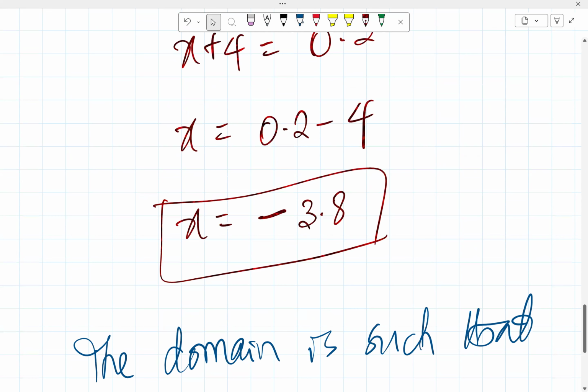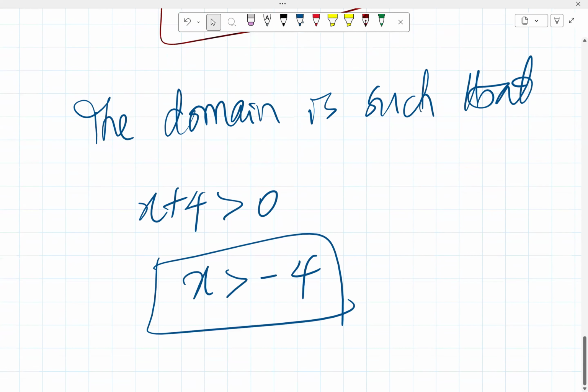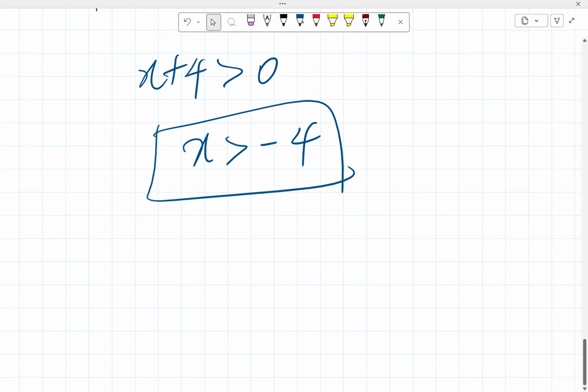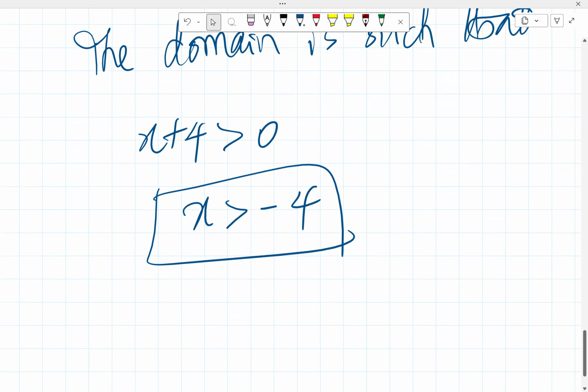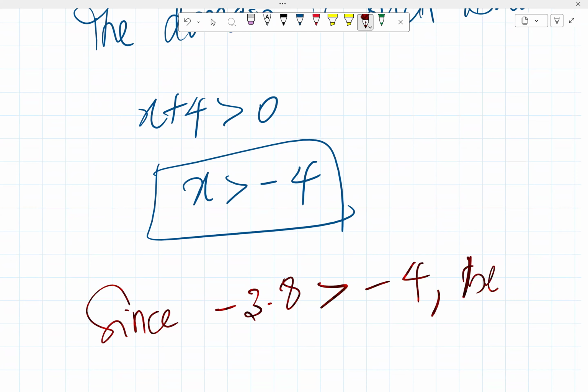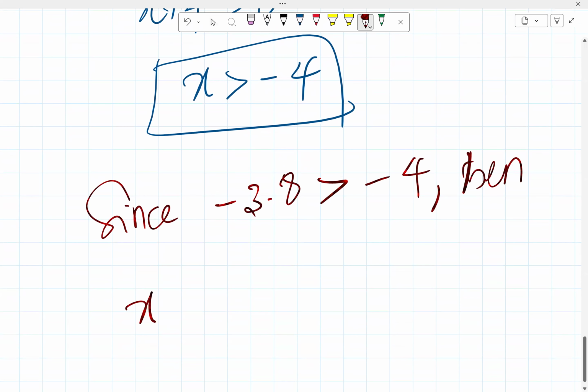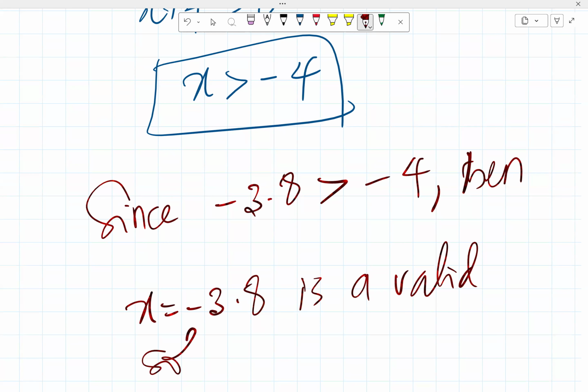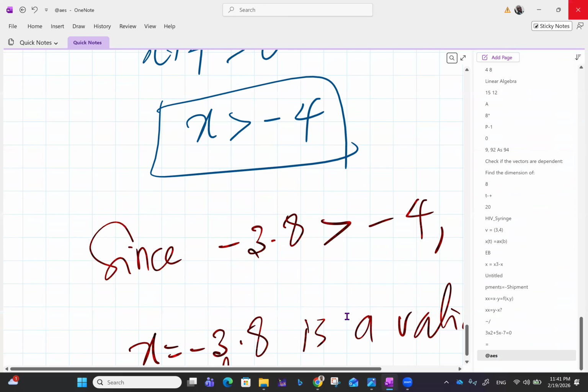And what we got is minus 3.8. Clearly, minus 3.8 is greater than minus 4. So we can conclude that since minus 3.8 is greater than minus 4, then x equals minus 3.8 is a valid solution.